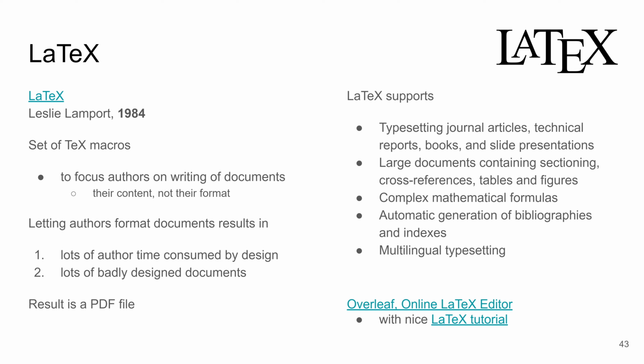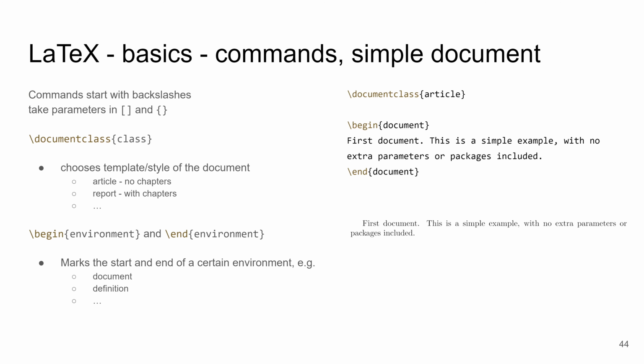Right, because LaTeX is so important, we will go into more details here. So when we want to start writing LaTeX, we'll start with a very first document, which is very simple. And for that, we need some commands.